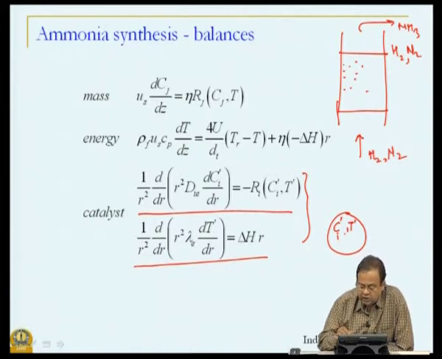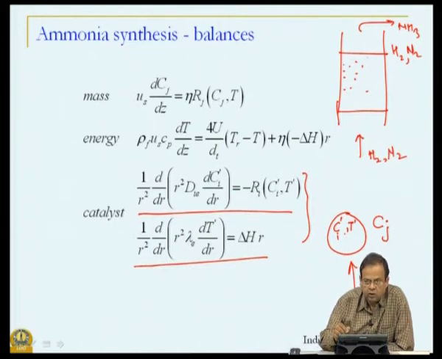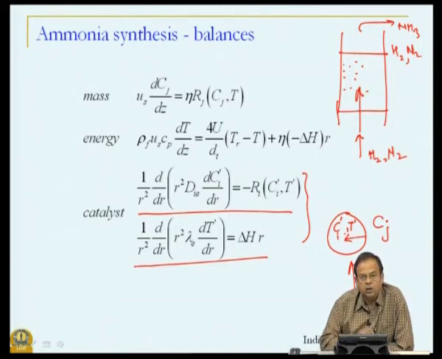So, this is as far as the catalyst is concerned, but the gas is flowing outside this catalyst and the concentrations of the gaseous components are, let us say, Cj. So, we now need to link the flow phenomena in the reactor, or transport phenomena in the reactor, to the transport phenomena in the catalyst.